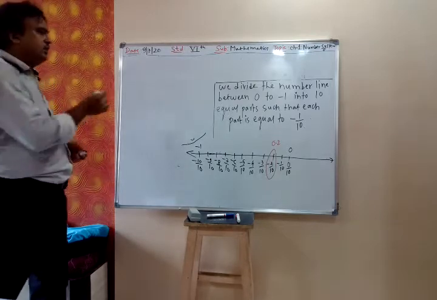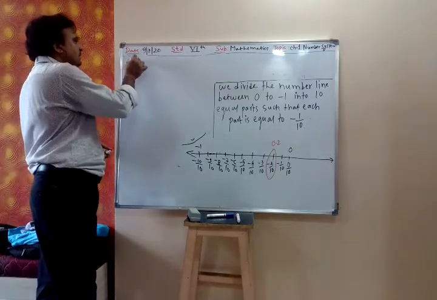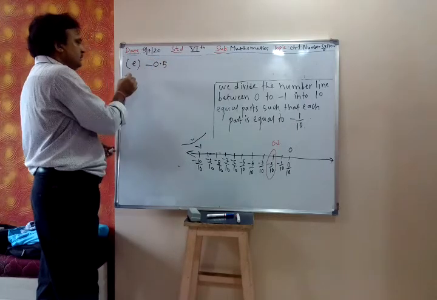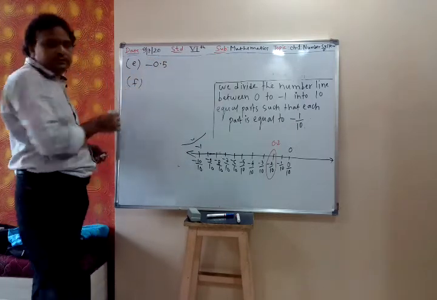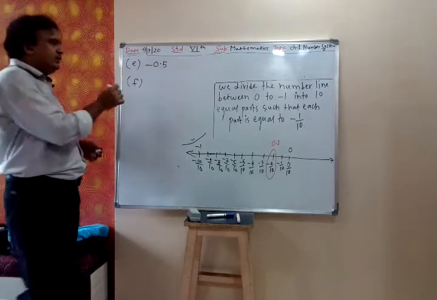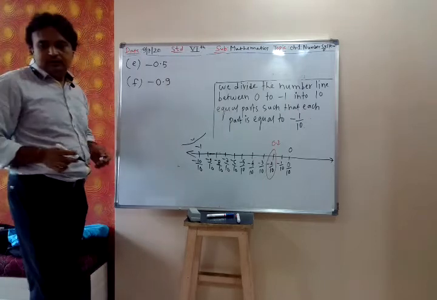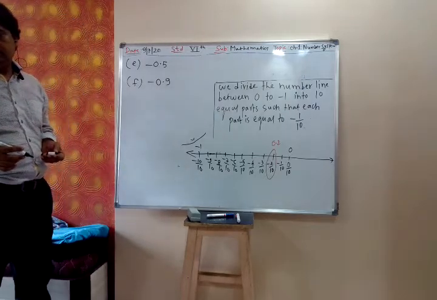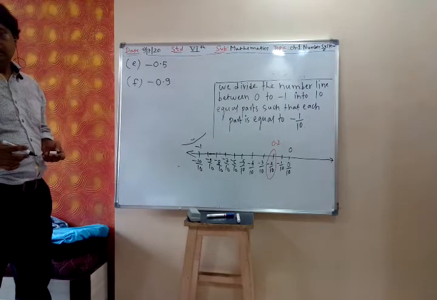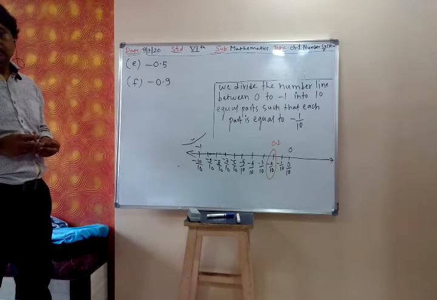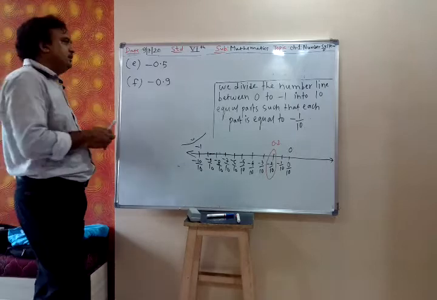Now, E part is minus 0.5. Then F is minus 0.9.